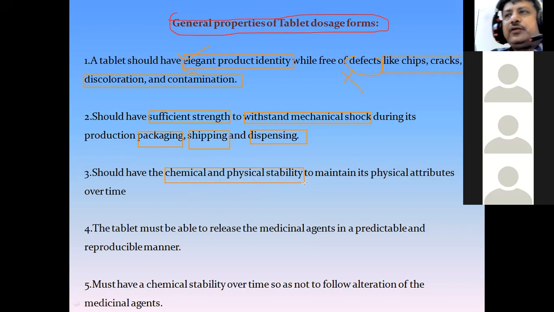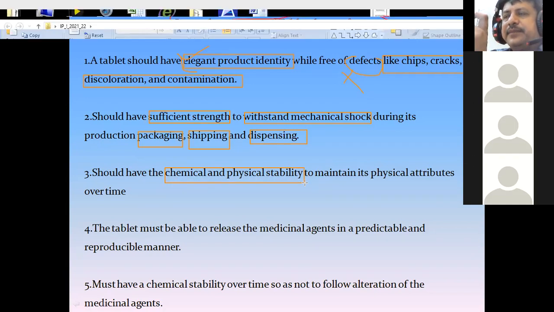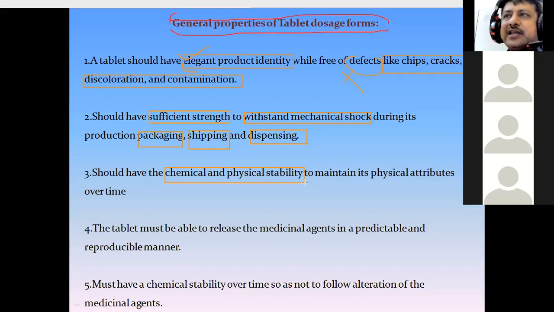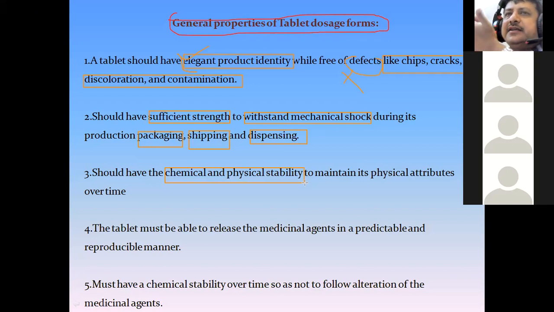Even though as a dosage form the tablet has the advantage that it is more physically as well as chemically stable, that is microbially stable, as compared to other dosage forms, the chemical and physical stability should be maintained, so that the overall physical attributes of the tablets are maintained. Now what are physical attributes? The shape, the size, all things are maintained, even the color which we can see, as an organoleptic characteristic of a tablet dosage form.